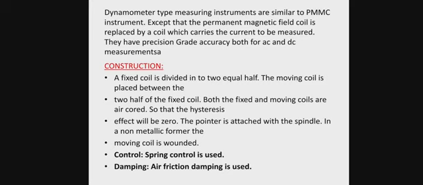Dynamometer type measuring instruments are similar to PMMC instruments, except the permanent magnetic field is replaced by a coil which carries the current to be measured.